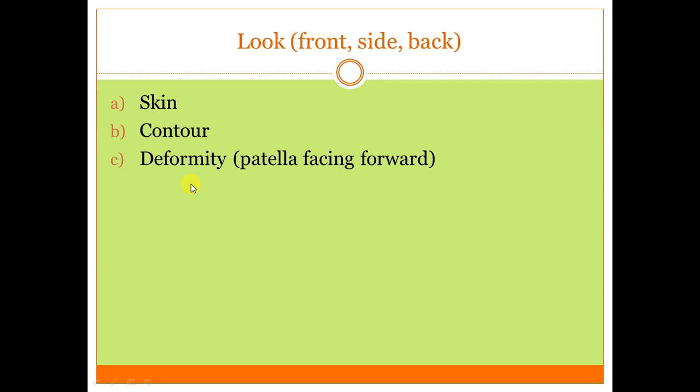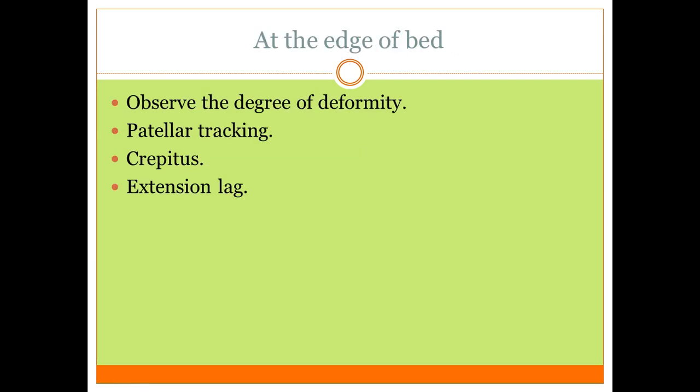Sagittal deformity like recurvatum, procurvatum, skin if any scars, and contour of hamstring and calf muscle, and also from the back the same. Then ask the patient to sit at the edge of the bed. If he already has a deformity, after sitting on the bed, you will observe his deformity.